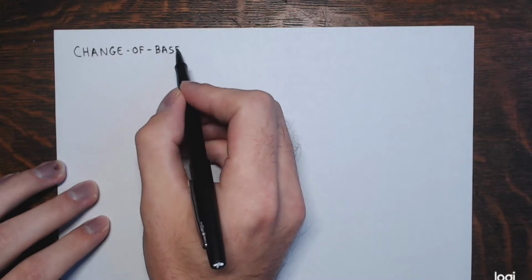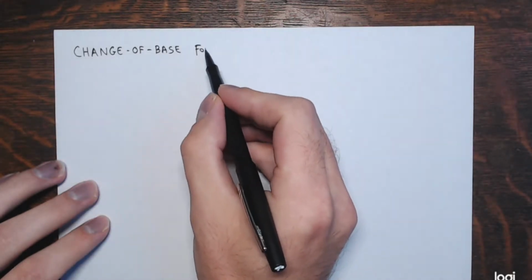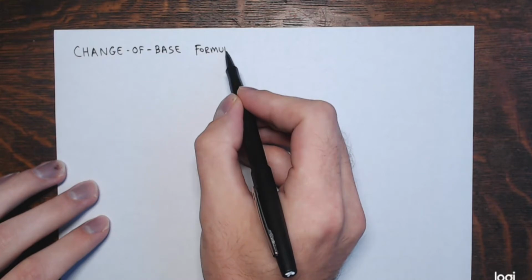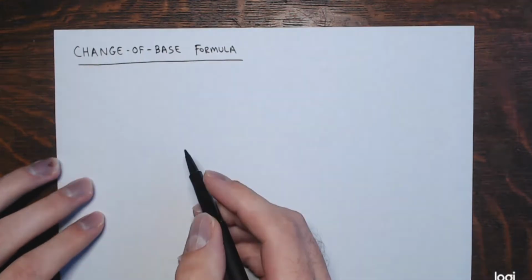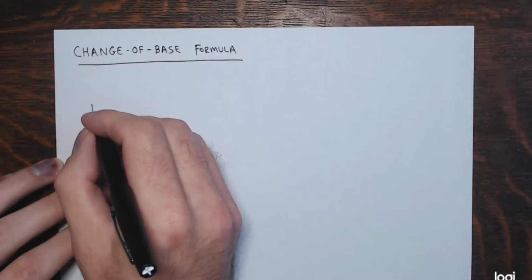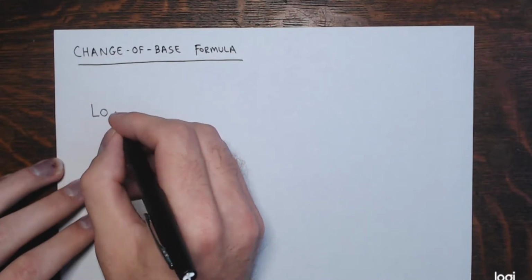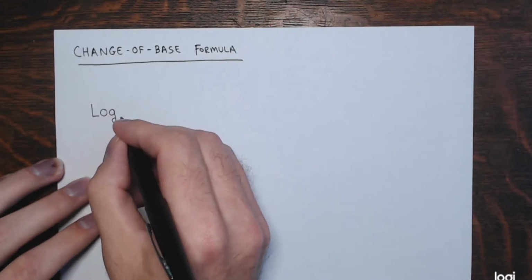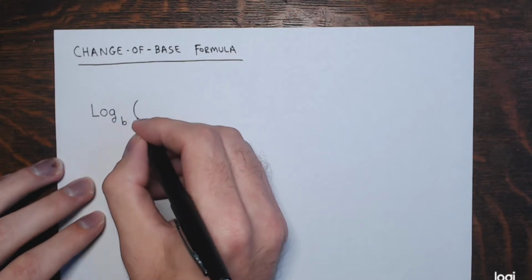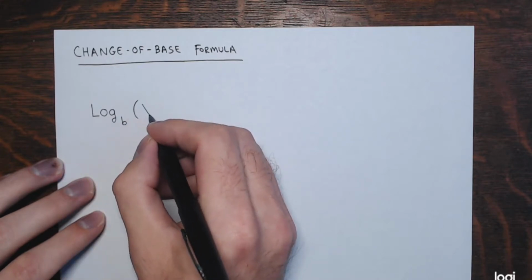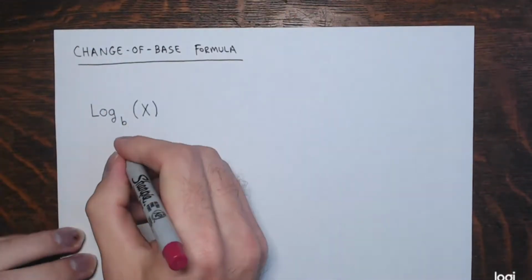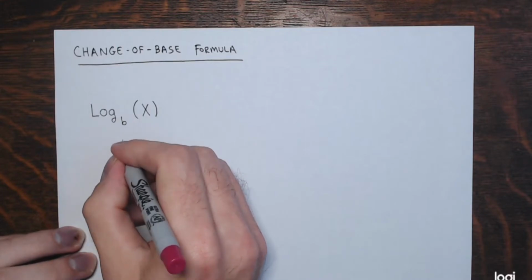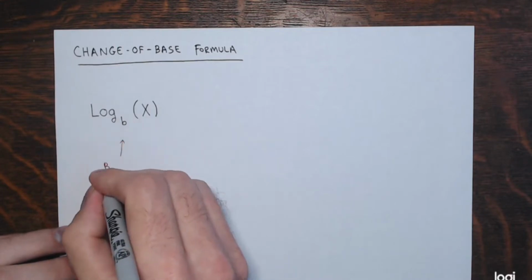All right, the change of base formula. All right. So this is, if I take the log, if I'm trying to evaluate the log base b of some number, say of x, all right, so I'm starting off over here with an expression of logarithms in base b.